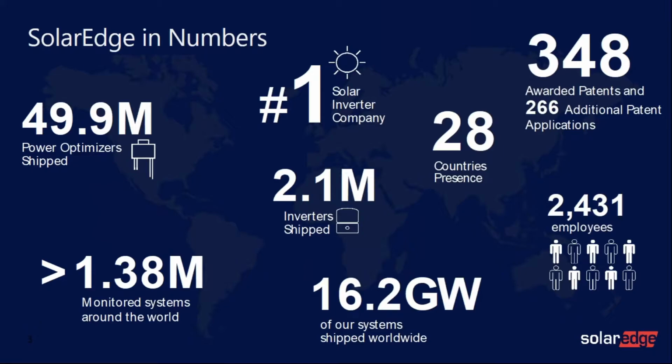We have 1.4 million systems monitored on our website, 16.2 gigawatts of systems shipped worldwide, and we're a company of engineers. We have 348 patents with an additional 266 patent applications. So we're always striving to be better than we are, and we're always trying to do that through engineering excellence.